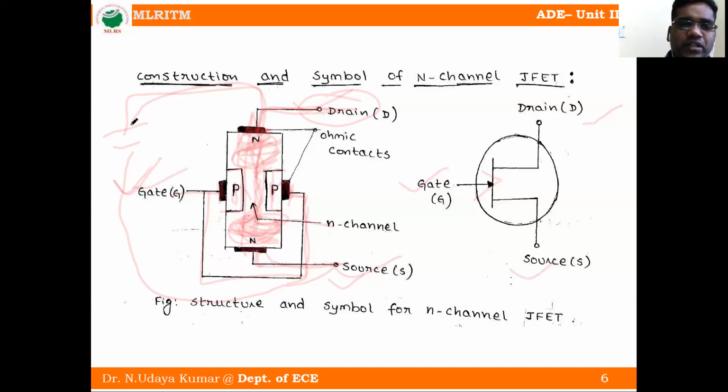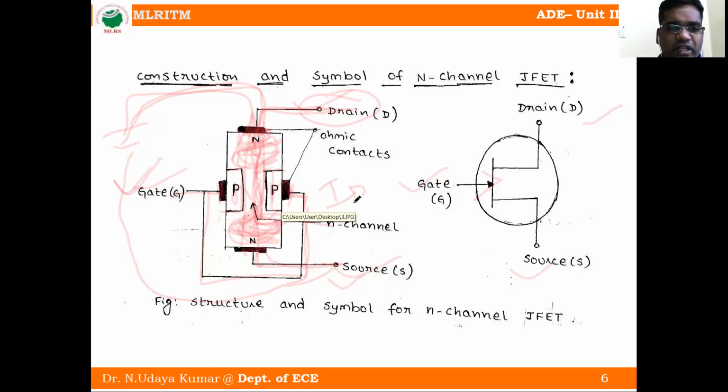So electron movement is from source to drain, but current is flowing from drain to source. That current we call ID. I will explain in detail about the operation of JFET. Just this is how N-channel and P-channel appear.